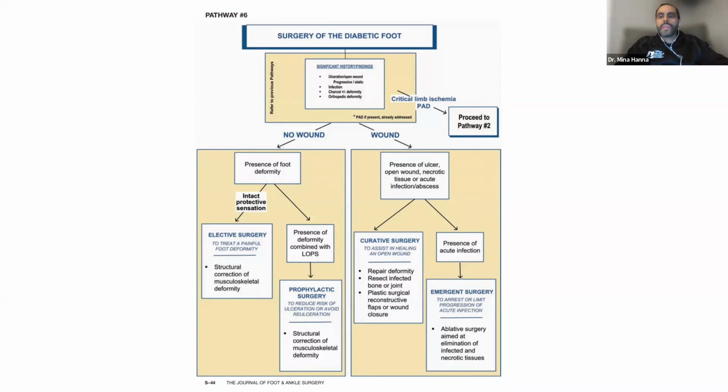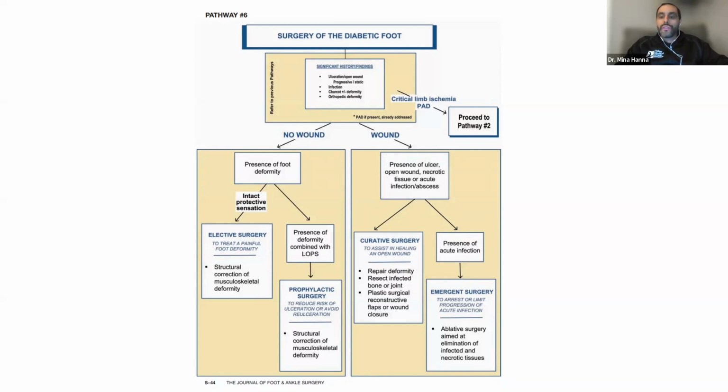Elective: if a patient has a painful deformity, like a bunion, without an ulceration and with the sensation intact. Prophylactic surgery is if a patient has a deformity without an ulceration and neuropathy, to prevent future problems such as calluses and ulceration.